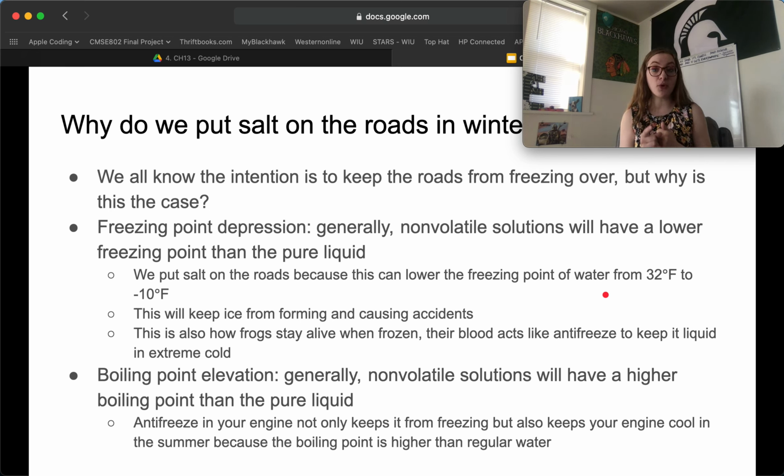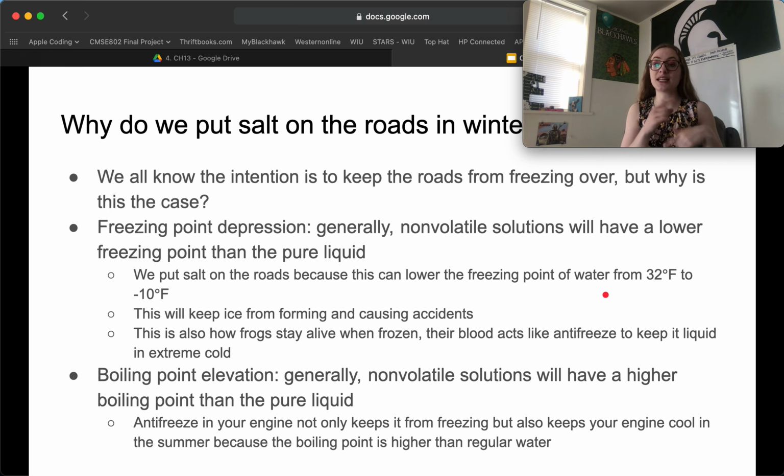For example, antifreeze in your engine not only keeps it from freezing in the winter, we just talked about that, freezing point depression, but antifreeze is a bit of a misnomer, it'll also keep it from boiling over in the summer. So it'll keep your engine cooler than if you were running regular water.